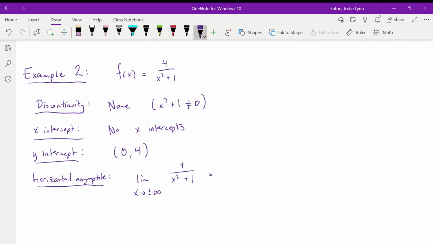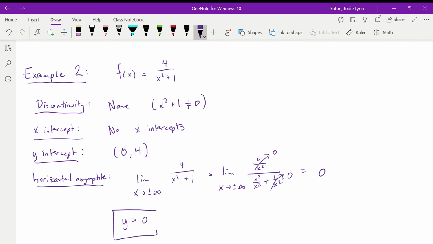This is the limit as x approaches plus or minus infinity of 4 over x squared, over x squared over x squared plus 1 over x squared. This is all going to go to 0. So 0 over 1 is going to give us 0. So we have a horizontal asymptote of y equals 0.